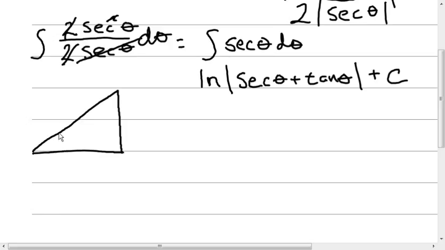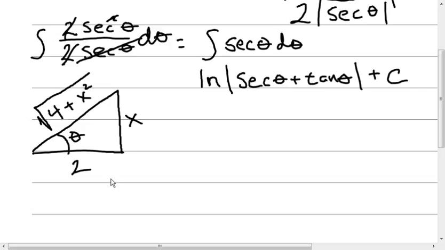Remember, we said imagine that we have some angle theta in our right triangle, and opposite it is x. The adjacent side, in our example, was a, but in this case a is equal to 2. And the hypotenuse by the Pythagorean theorem is simply going to be the square root of 4 plus x squared.